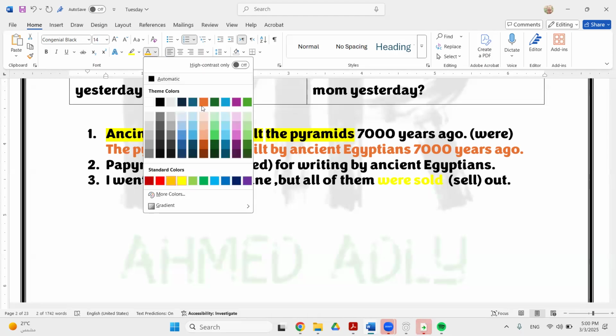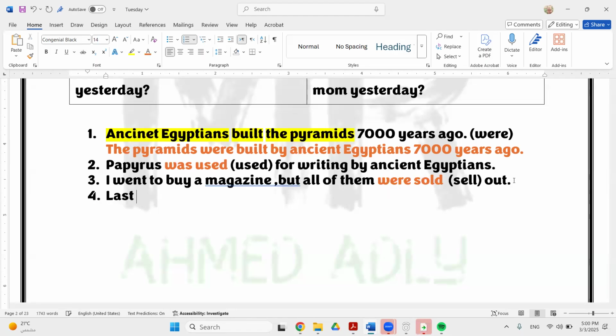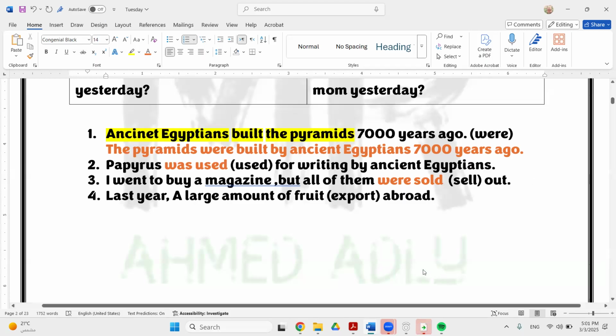Another example. Last year, a large amount of fruit, the verb here is export, abroad. We need to use the correct form of the verb export.